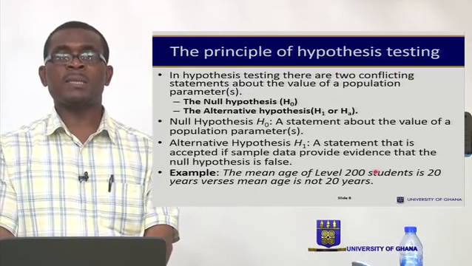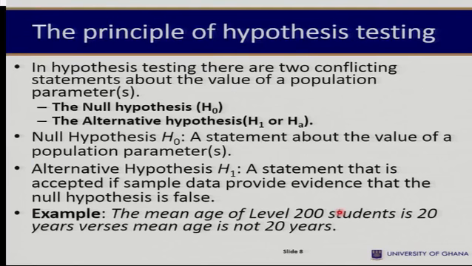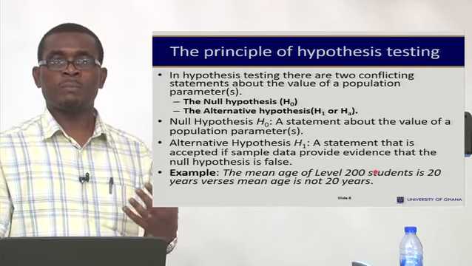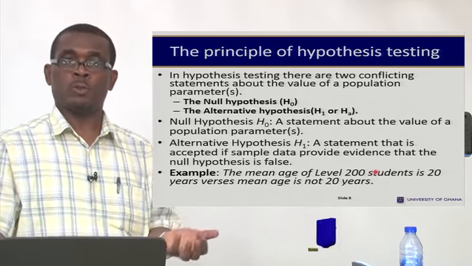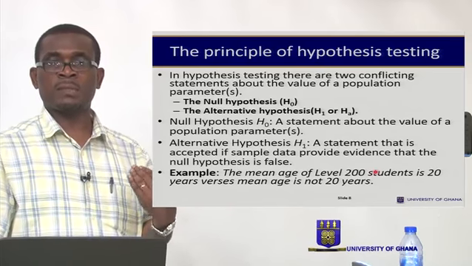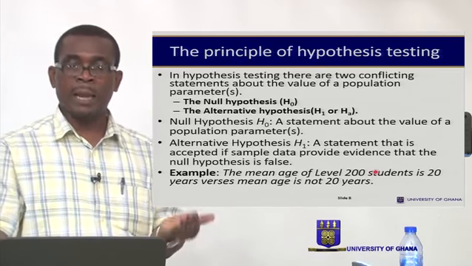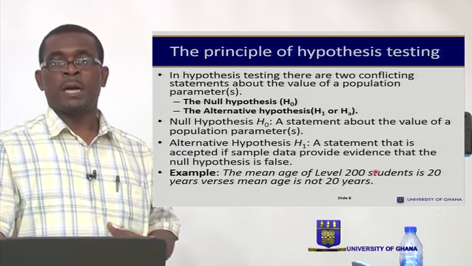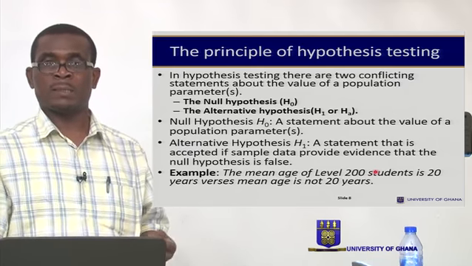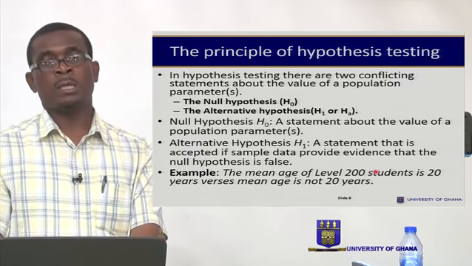Now, in hypothesis testing, there are 2 conflicting statements about the value of the population parameter. The first is called the Null hypothesis, denoted H0, and the second is the alternative hypothesis, denoted H1 or HA. The Null hypothesis is a statement about the value of the population parameter which we believe to be true, but the alternative is the claim that is accepted if sample evidence shows otherwise, that is, shows that the Null hypothesis is untrue.